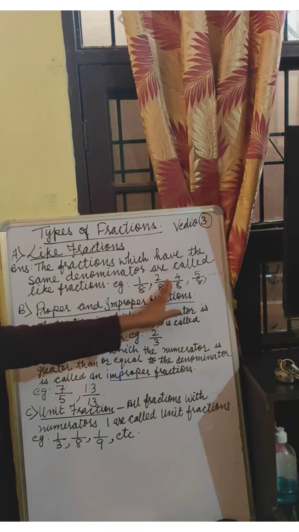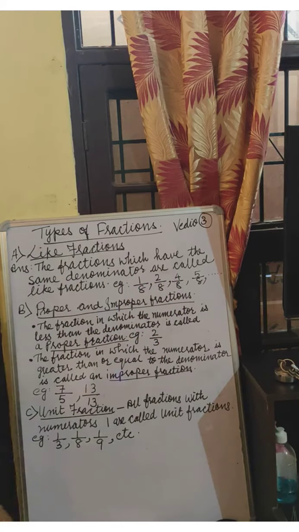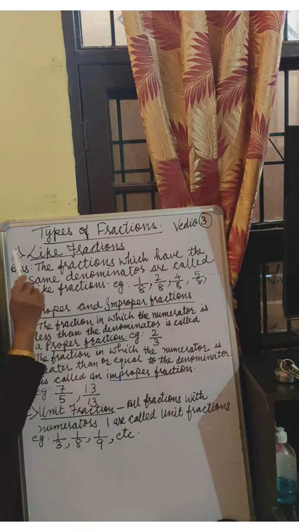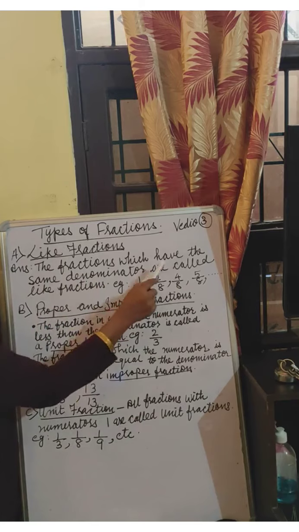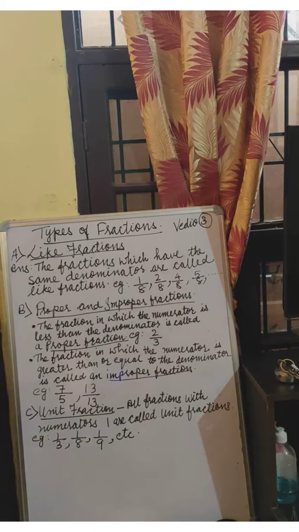If you take 1 upon 8 and 2 upon 8, both have the same denominator. So any number of fractions you take, you can say the group of fractions is like fractions because they have the same denominator. Such fractions are called like fractions.